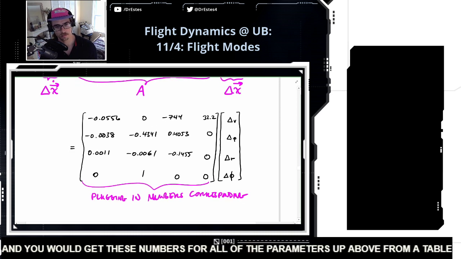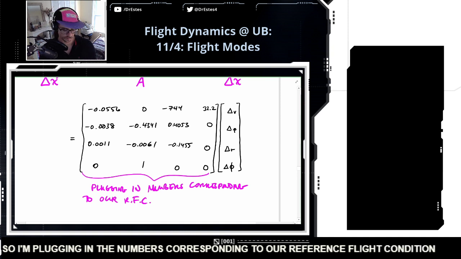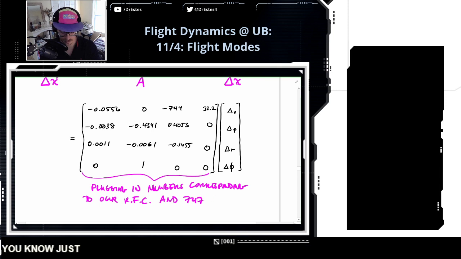So I'm plugging in numbers corresponding to our reference flight condition. And, you know, just basic 747 geometry.